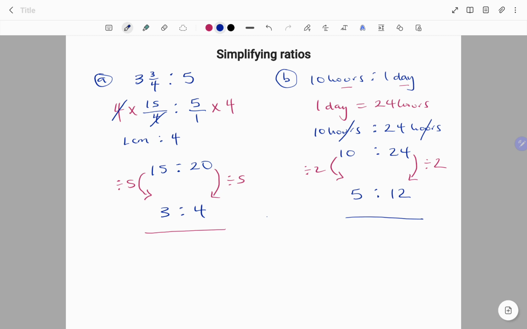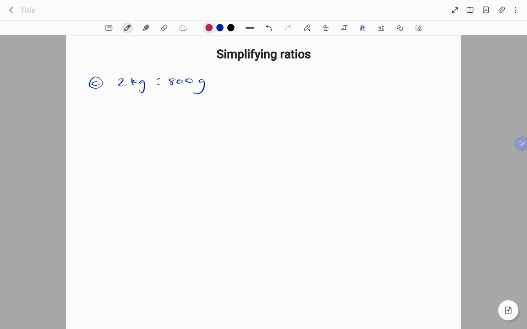Let's look at more examples. In this example, we have 2 kilograms to 800 grams. If you check kilograms and grams, the units are not the same, so the first thing we need to do is to make sure that the units are the same. We know that 1 kilogram equals 1,000 grams.